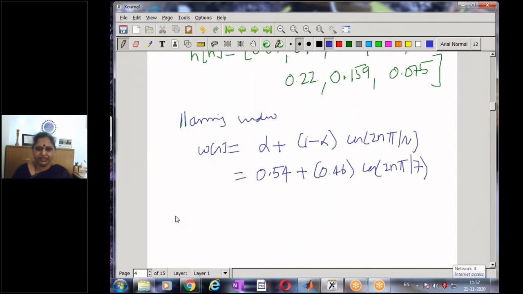So let's now evaluate this W of n for different values of n, and put n equal to 0. What do we get? 0.54 plus 0.46, that becomes 1. Put n equal to 1 and let us see what we get.